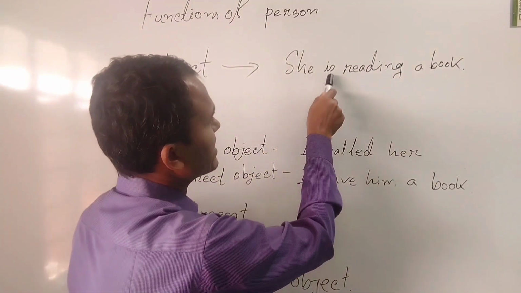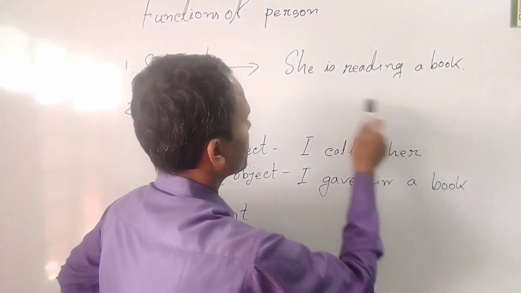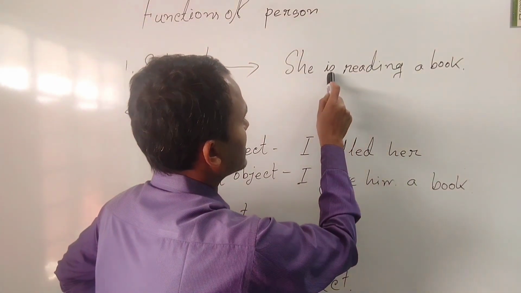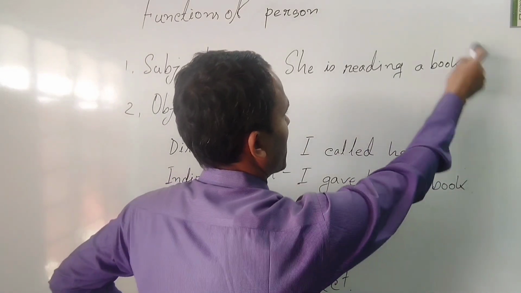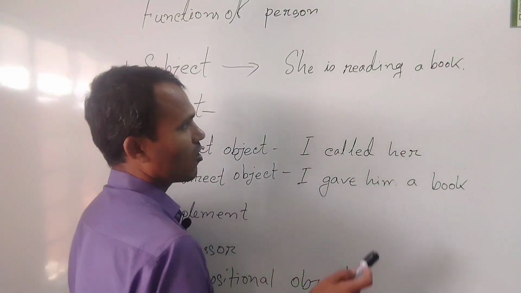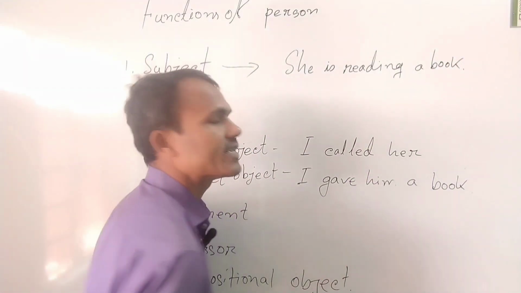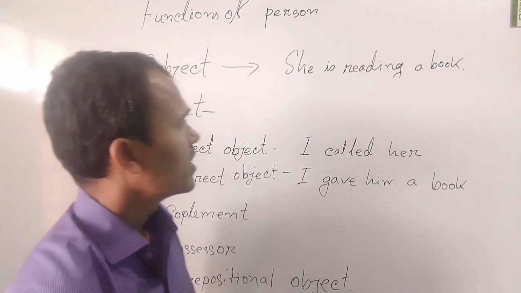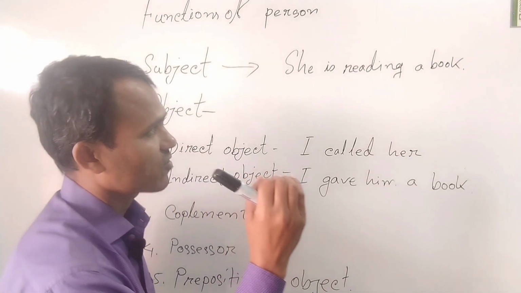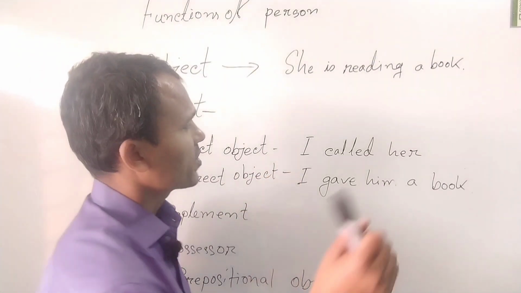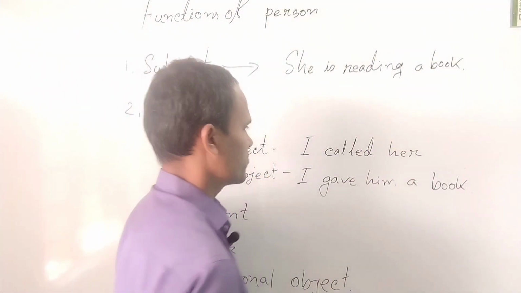Here, she is reading a book. Here, reading is a verb, which works directly on a book. So we call a book a direct object. We know direct object indicates the work of the verb directly. So here a book is the direct object.